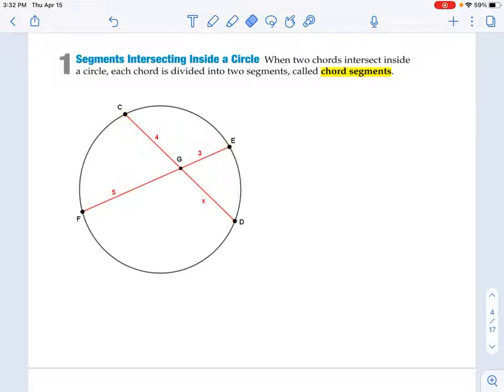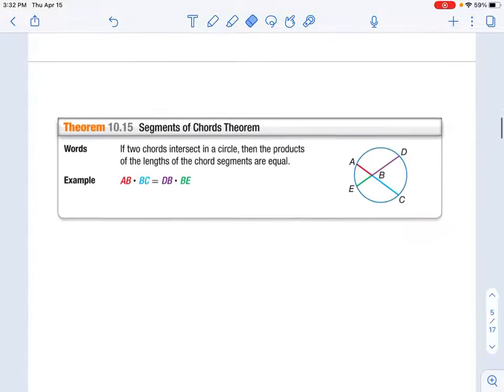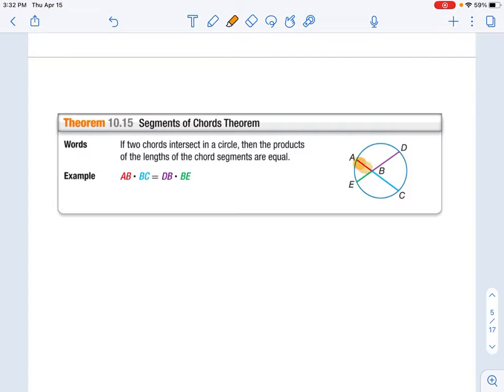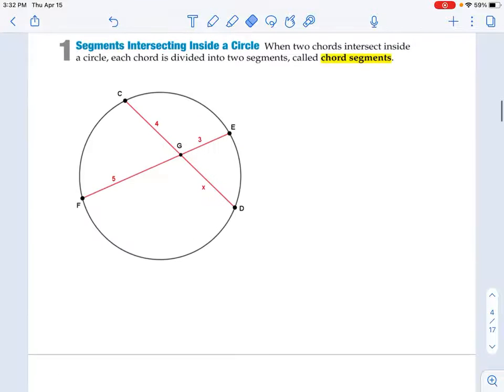Now there is a relationship that exists among these. Theorem 10.15 tells us that if 2 chords intersect in a circle, then the products of the lengths of the chord segments are equal. So you take AB times BC, that will equal DB times BE. So if we go back up here, let's try it out.